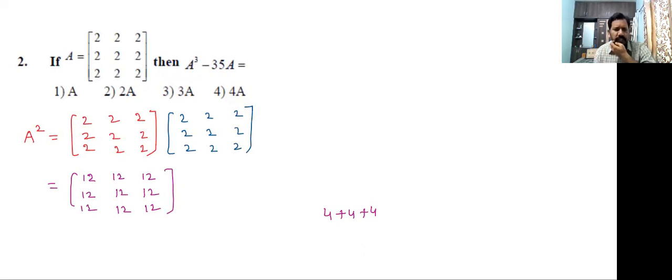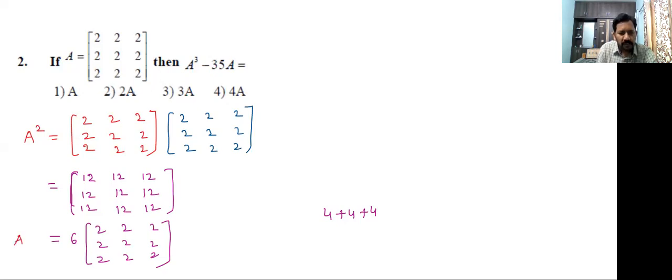Okay. So here observe that in each and every element, take 6 common. Remaining, what is there, students? 2, 2, 2, in all rows. Okay, this is the A square value. Now I am going to find A cube.